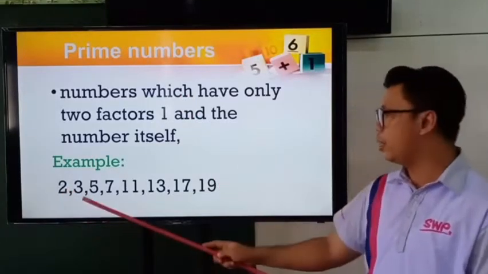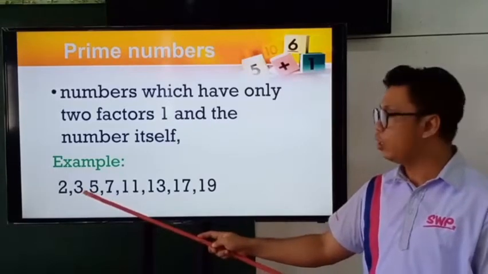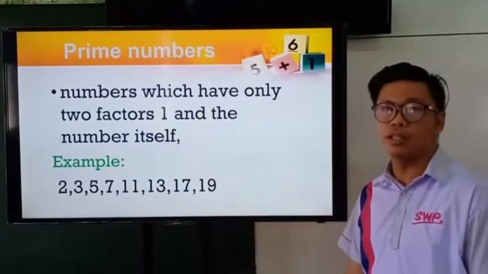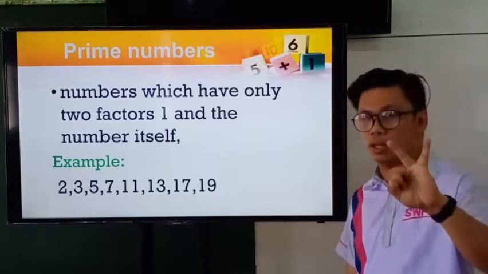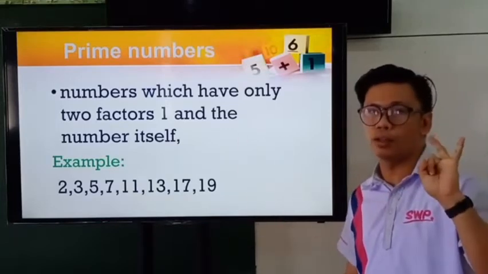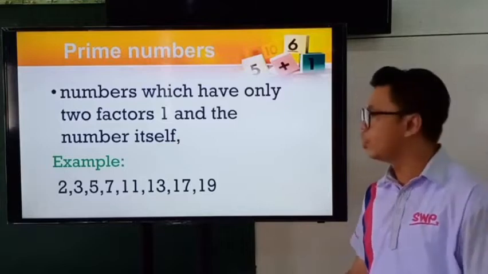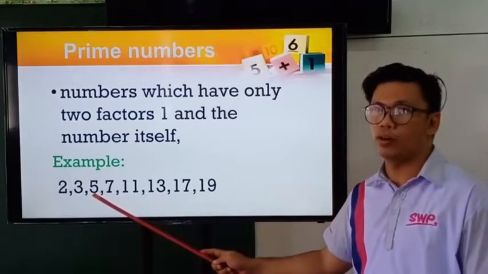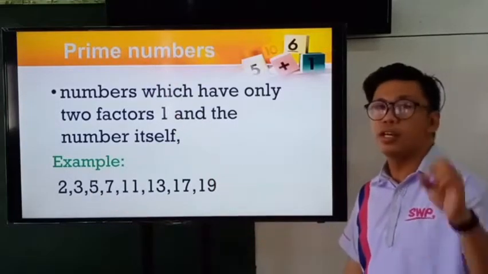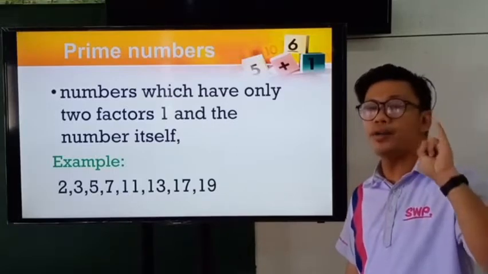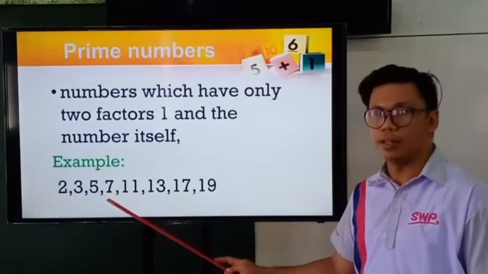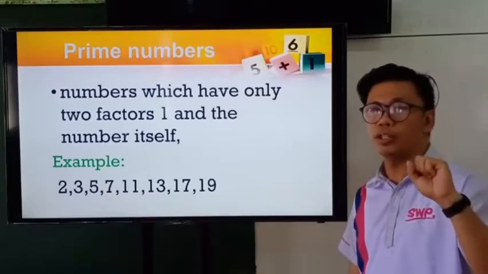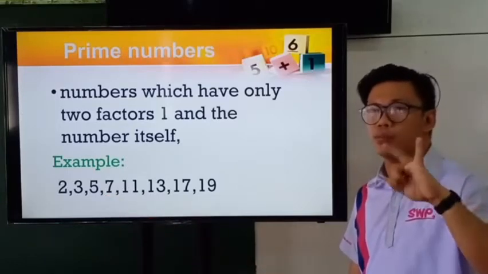Another, we have 3. We call it a prime number because it is multiplied by 1 only. So 1 times 3, no other factor. How about 5? We can call it prime because it is 1 times 5 only. How about 7? Yes, of course, 1 times 7.